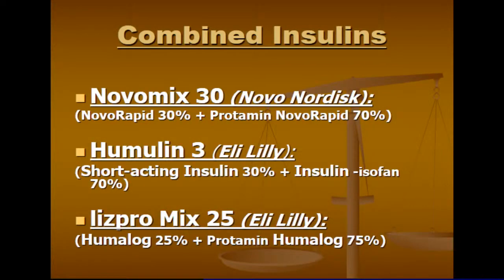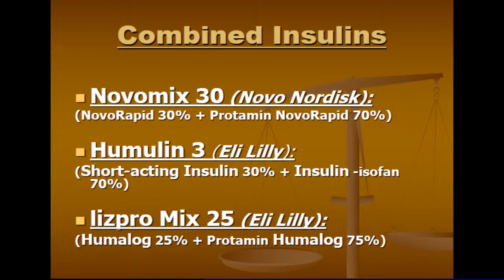Very rarely used, usually for adults, are combined insulins. Novomix 30: this insulin includes Novorapid 30% and protamine Novorapid 70%.